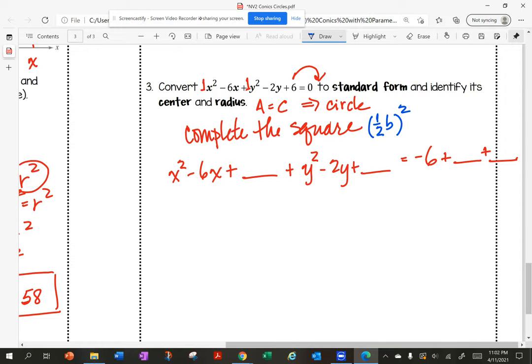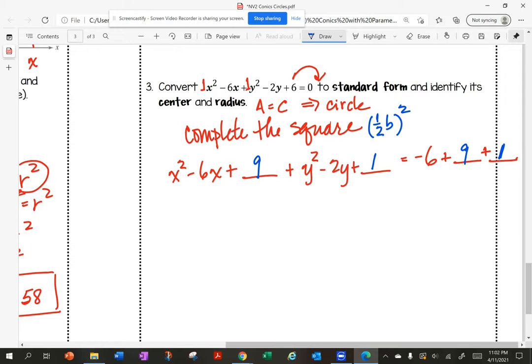So I want half of 6, which is 3, and square it. 3 squared is 9. So if I add 9 on the left side of my equation, I'm going to also add 9 on the right side. Same thing for my y coordinate. 2 is my b value. So half of 2 is 1. 1 squared is 1. So if I add 1 on the left, I'm going to add 1 on the right.